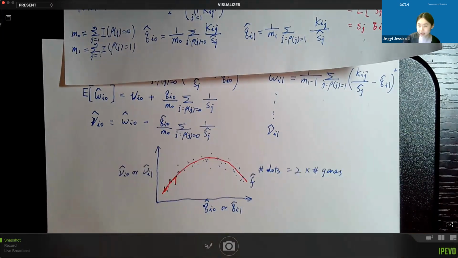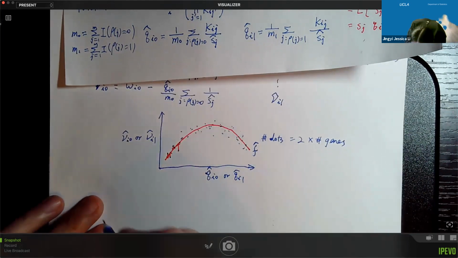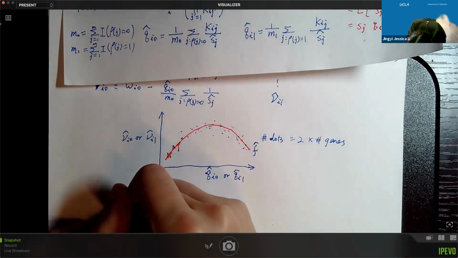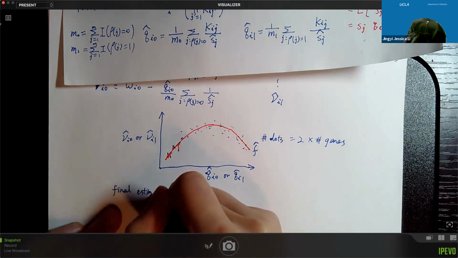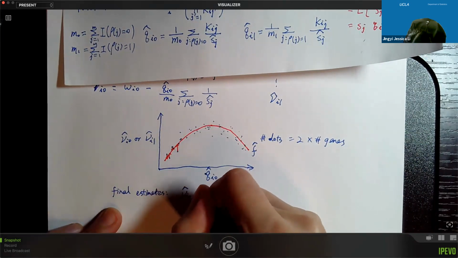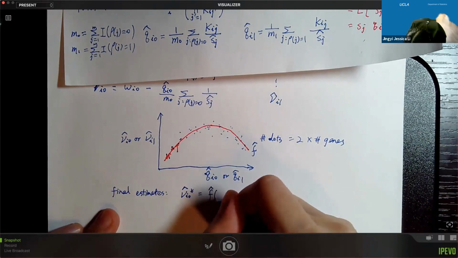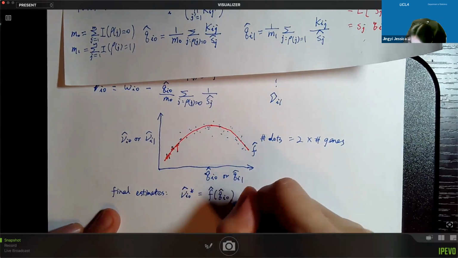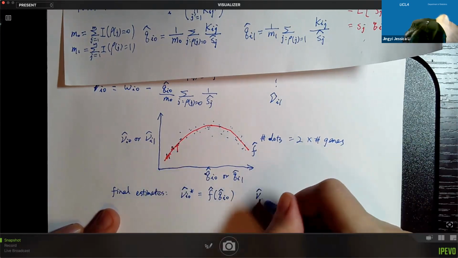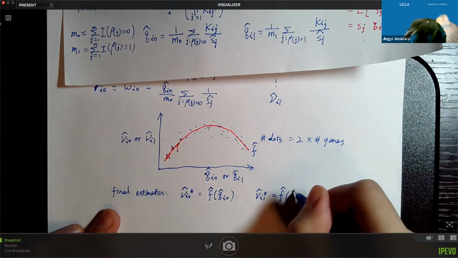If I call this line F hat, the final estimates to be used, let's say nu hat I0 star, would be based on this fitted line. It's actually F hat at Q hat I0, putting this number into it to get the value on the line. And nu hat I1 star is F hat at Q hat I1.